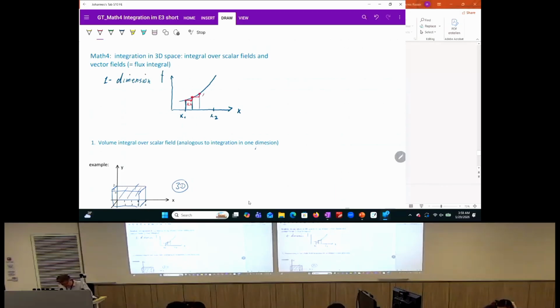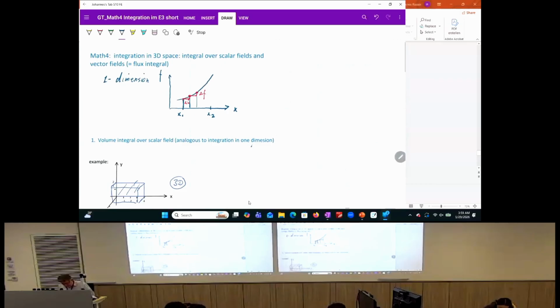As you move with the delta x along the function, you have also a delta f in the function value. And the idea is that you want to have the area which is here in dashed.